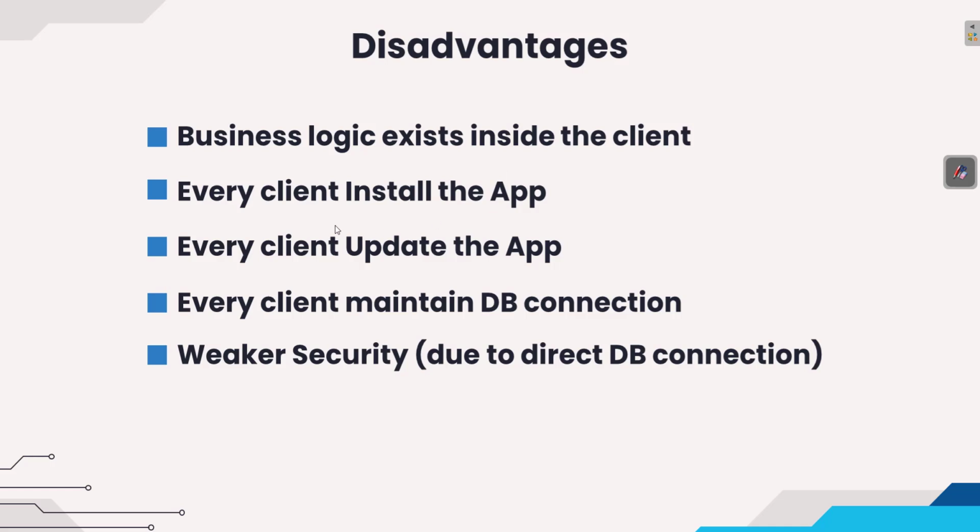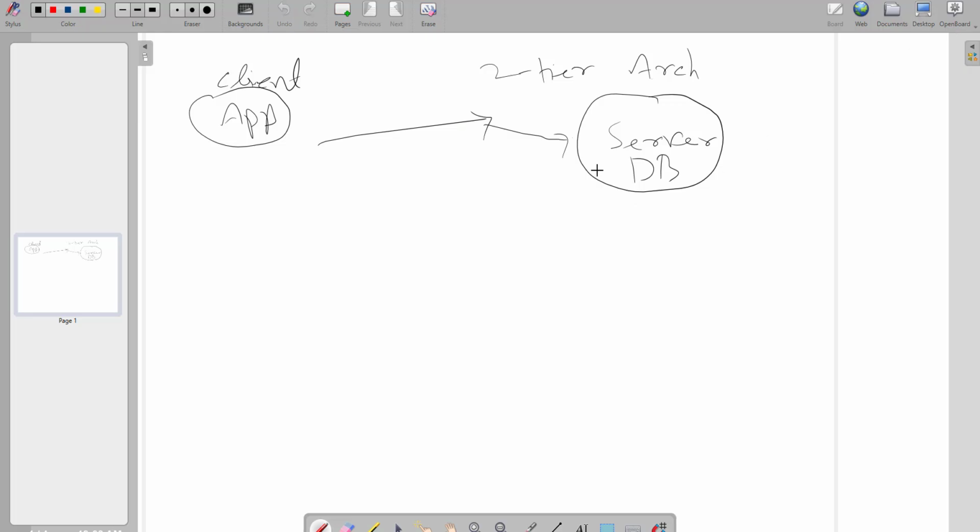Business logic exists inside the client application. So every client must install the application, and whenever an update is needed, every client needs to update the application, and every client must maintain the DB connection as well. It has very limited scalability.